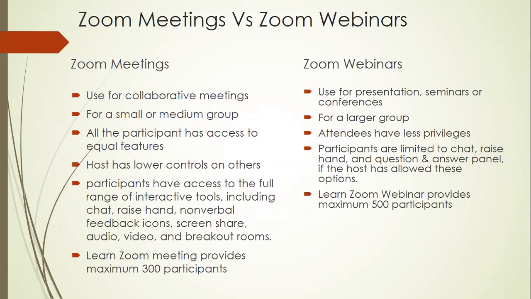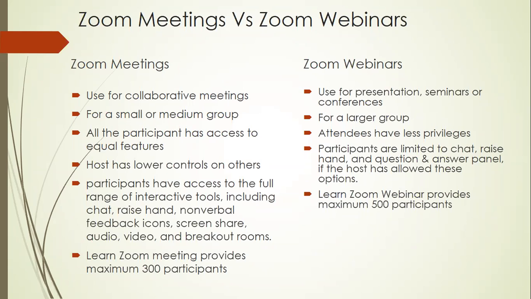But Zoom webinars are mainly used for a large group of people, like presentations, seminars, or conferences. In Zoom webinars, we have different user types, and the privilege depends on the user type, rather than in a Zoom meeting.